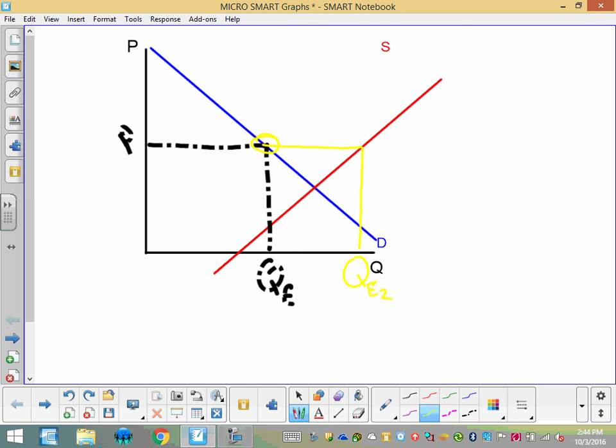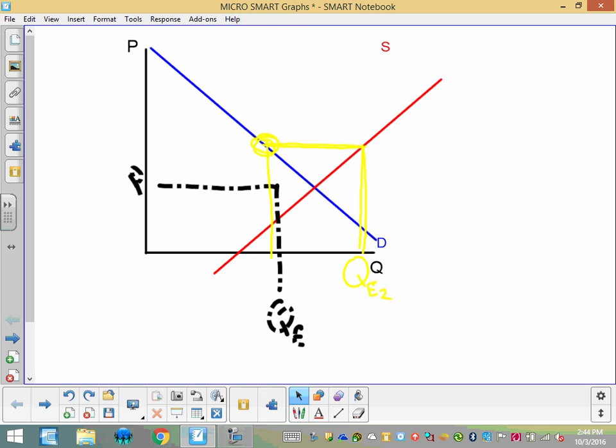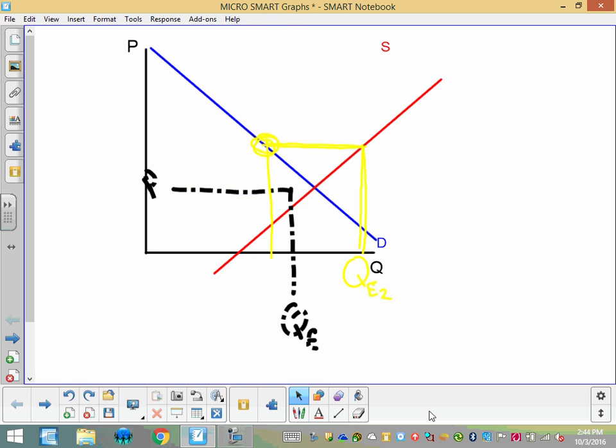A surplus. People will want to consume that many, however suppliers are going to produce that many, and we get a quick surplus. All of a sudden I've got this big surplus of shoes. What would I do? I would then lower the price. If we lowered that price, we can get to here where we'll get back to equilibrium very quickly.